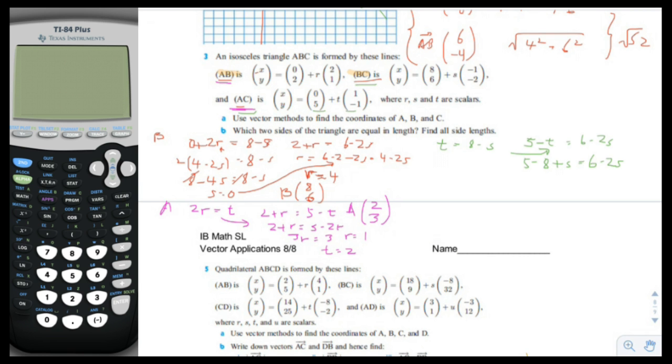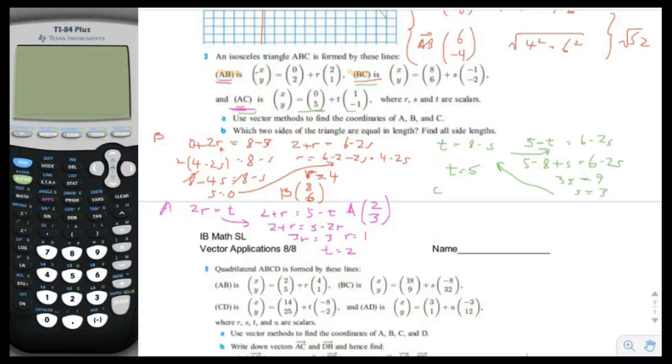And then we'll have 3s on this side, and we'll have 9 on this side. So we know that s equals 3. And if s equals 3, then t is equal to 5. And then so if we want to find out the coordinate of C, then we can put t equals 5 into here.